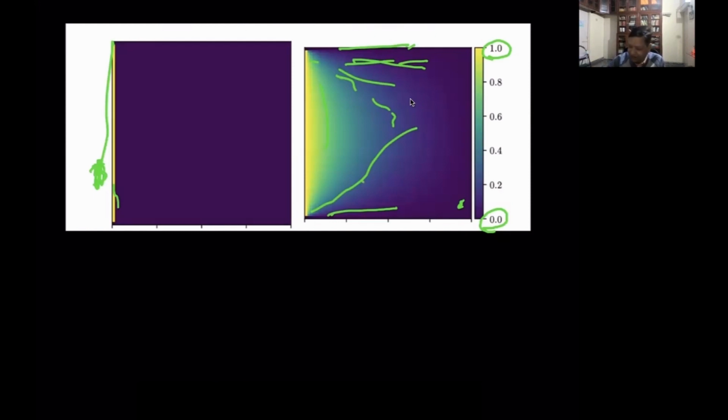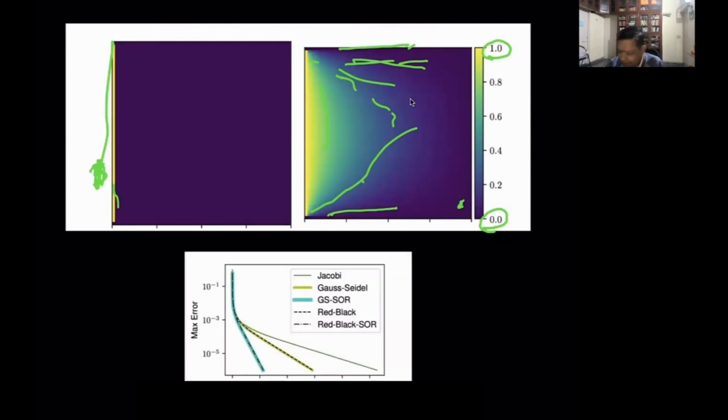So let's look at how it converges. The maximum error, in the beginning, will be large, right? Because the difference will be 1, since this is 1 and this is 0. That is the max difference. But later on, once we get the solution, the difference reaches something like 10 to the power minus 7 or so.